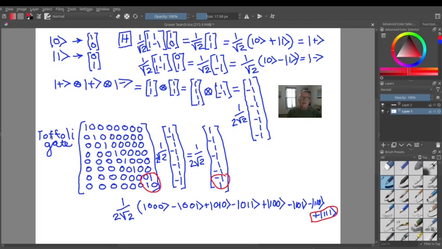Here's a Toffoli gate that flips the bit, and I've got it circled down here where it's just like the identity. There's a nice diagonal of 1s, except right here at the very bottom, things get flipped around. So here's the state that I come up with, and here's the result of that bit flip that occurs. And I've got them all in vector notation down here. So I hope you can follow that along.